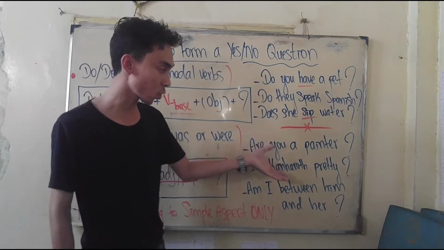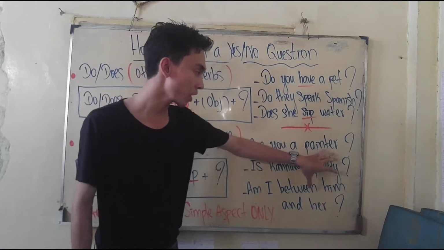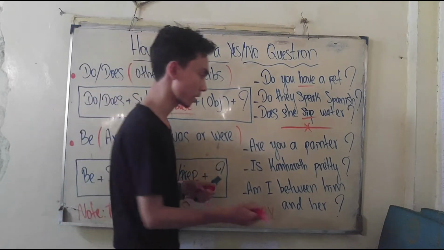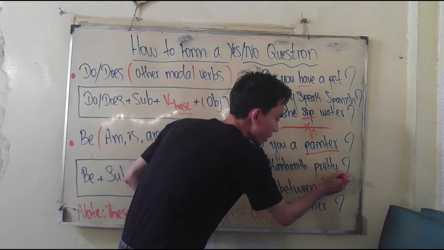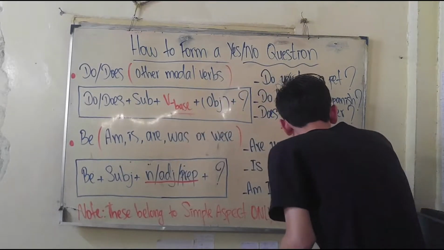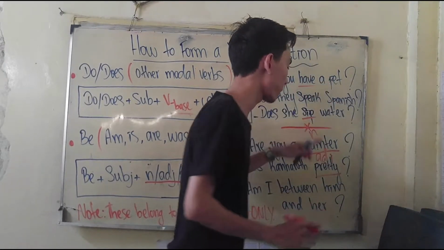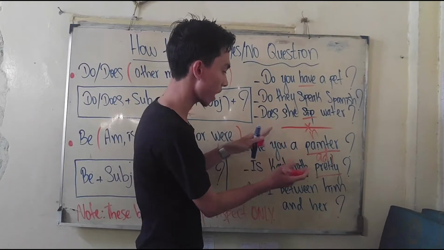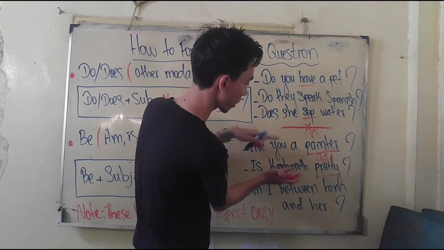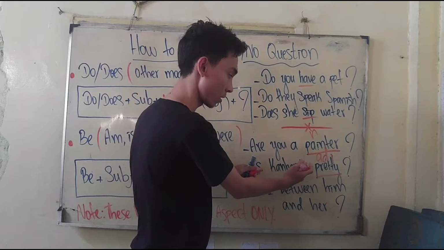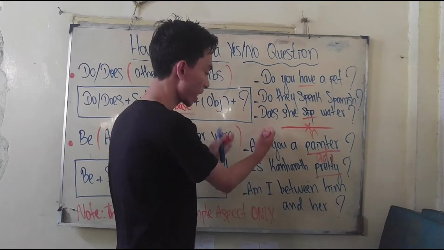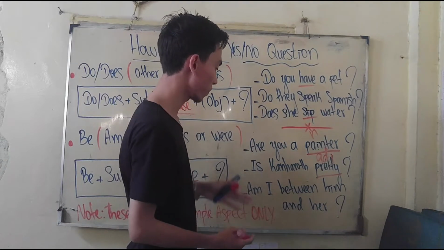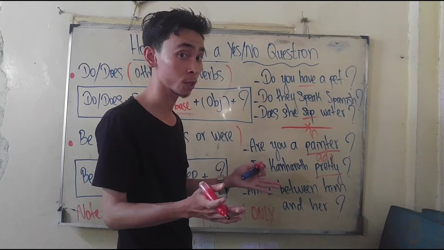Next is Kanyarot, pretty. So pretty is an adjective, and painter, like I said, is a noun. These two words, pretty and painter, come after the subjects, you and Kanyarot. So if it is a noun or an adjective, then we have to begin our question with verb to be. Are and is are both verb to be.